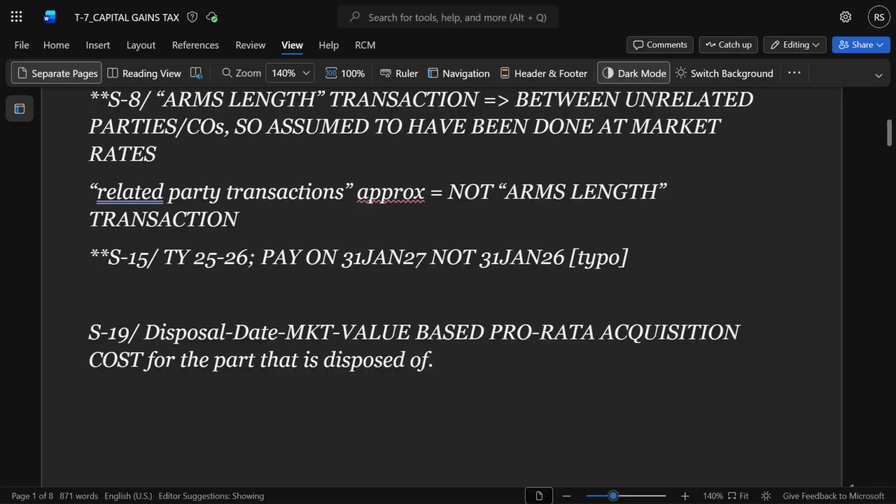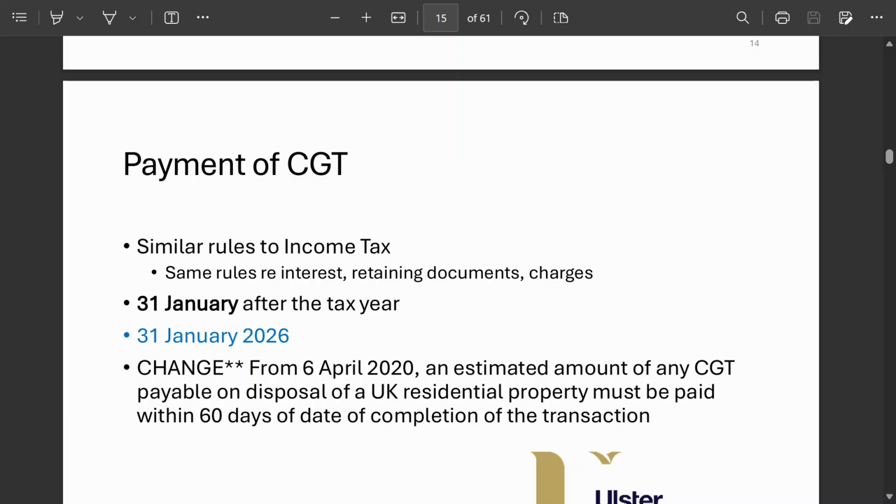Now, there is actually one important thing you need to remember for this. Also remember this, I'm not writing it, it's there on slide 15, which is very important: if you have any kind of CGT that is payable, if you have a sale of a residential property, okay, especially one which is not your principal private residence, because there the rules are different.